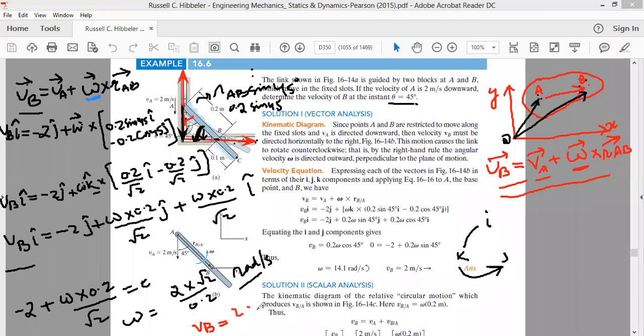We know omega is 2 multiplied by under root 2 divided by 0.2, multiplied by 0.2 divided by under root 2. The under root cancels, 0.2 cancels, and VB becomes equal to 2 meter per second. So this is the value of VB, which is also given here as 2 meter per second. So we have calculated the velocity of point B. This is how we can solve the rest of the questions.